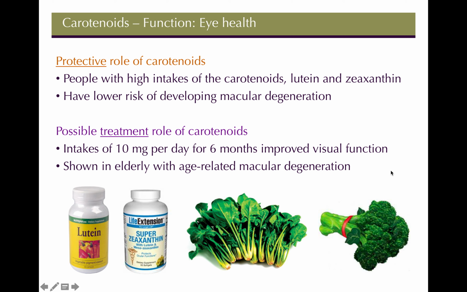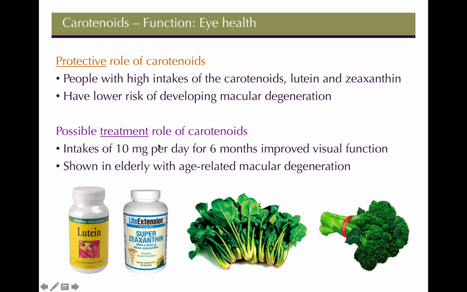First, in terms of prevention, people that take in higher amounts of fruits and vegetables, which leads to higher amounts of carotenoids, like lutein and zeaxanthin, which are particularly the ones that help with eye health, tend to have a lower risk of developing macular degeneration. So people that have healthy diets all their lives, not surprisingly, have lower risks of certain diseases, in particular macular degeneration, with higher intakes of fruits and vegetables.